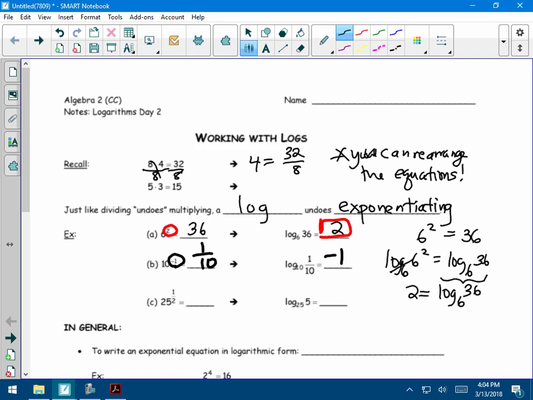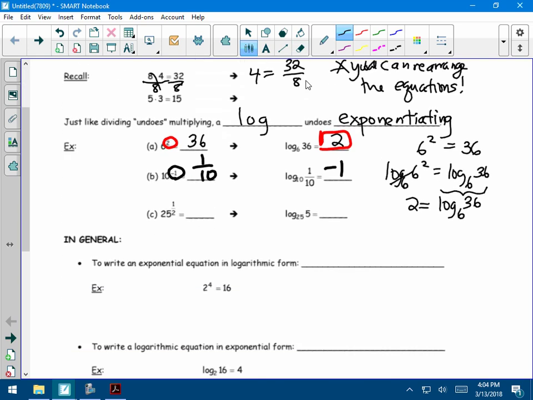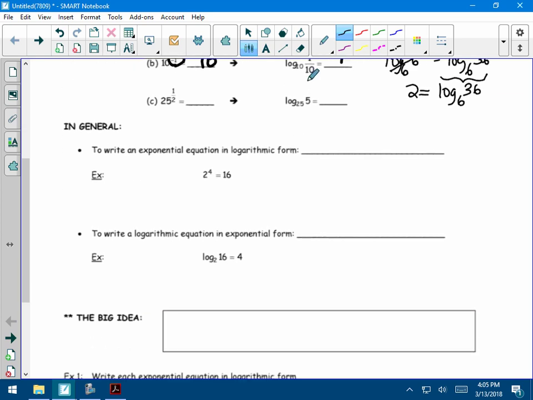All right. So the rest of what we are going to look at is just the idea of how to move back and forth in between the two forms. So to write an exponential equation in logarithmic form, you would simply take log base b, so whatever the base is, of both sides.